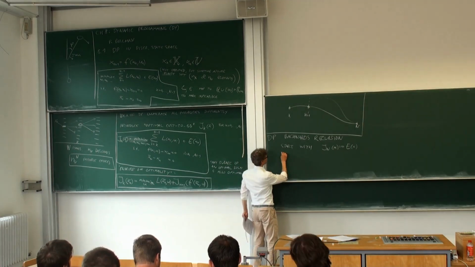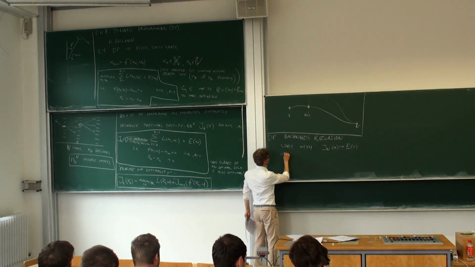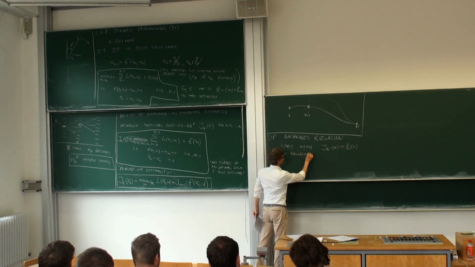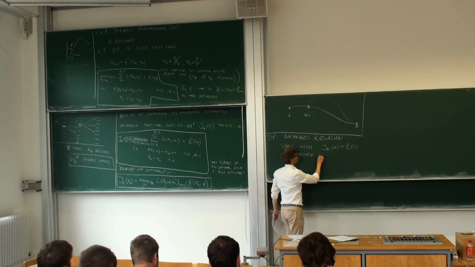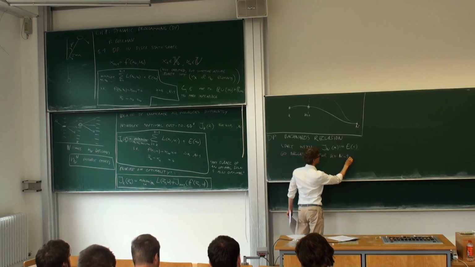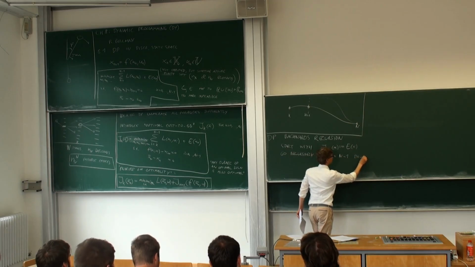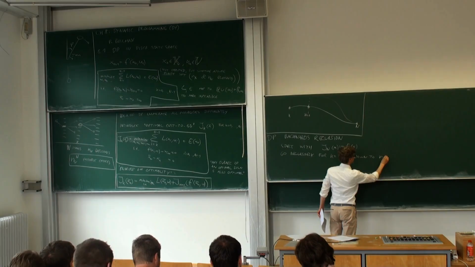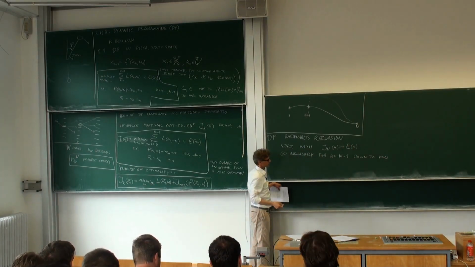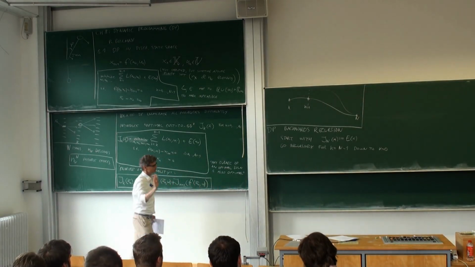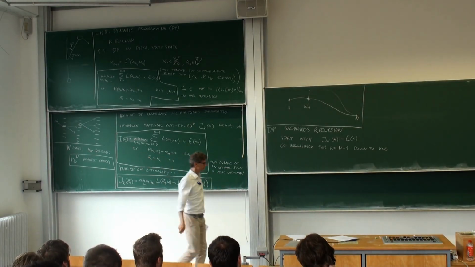Then you go recursively or iteratively, as you like, for k starting at n minus 1 down to k equals 0. Actually, you could stop already at k equals 1, but for aesthetic reasons, I go down to the end.